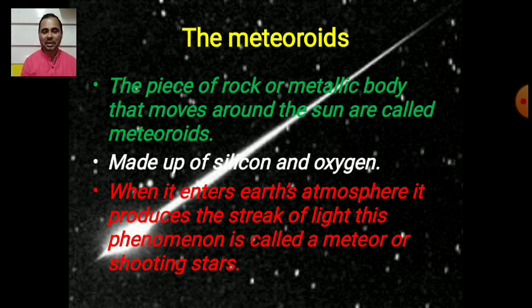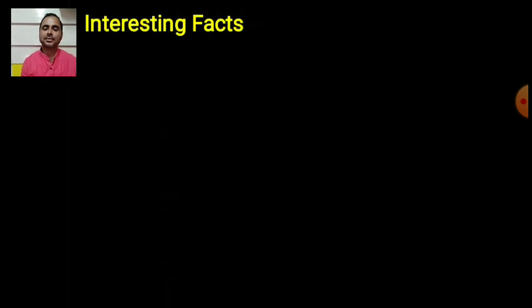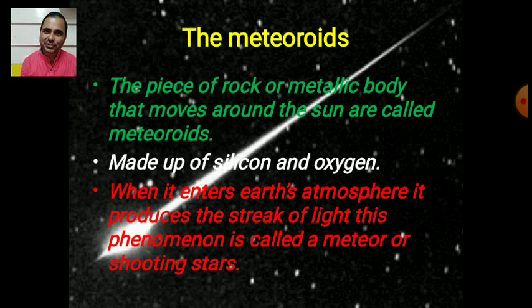Often people get confused between meteorites and stars. But as I told you, stars have their own heat and light. They keep on twinkling. But meteorites and asteroids, they don't twinkle. Right? So now you understand about the meteorites.